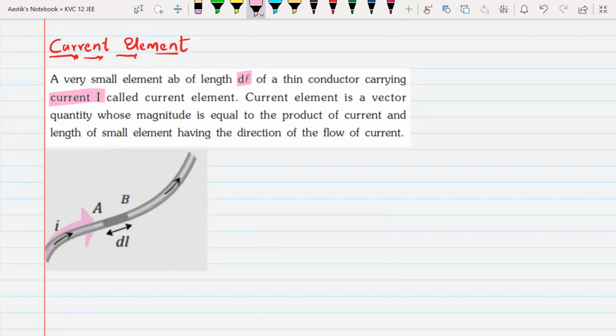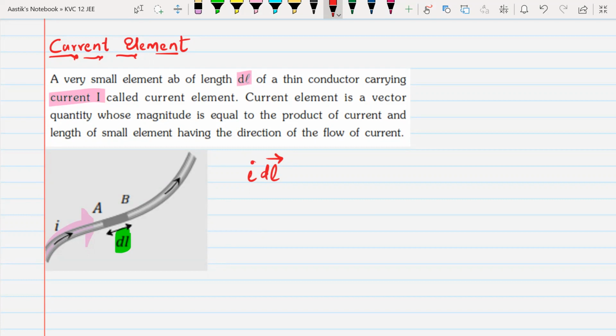We take a very small length of this wire, which is your dl, and multiply I with dl. This dl is a vector actually, and the direction of this dl vector is the same as the direction of current. Remember, we cannot call current a vector because current is treated as a scalar quantity.